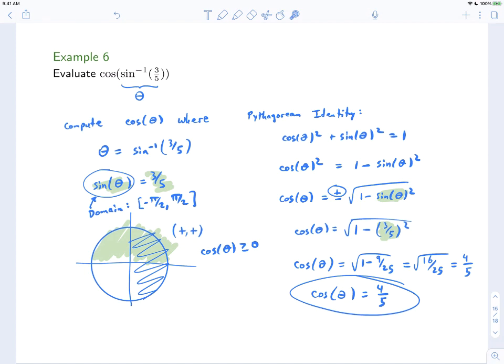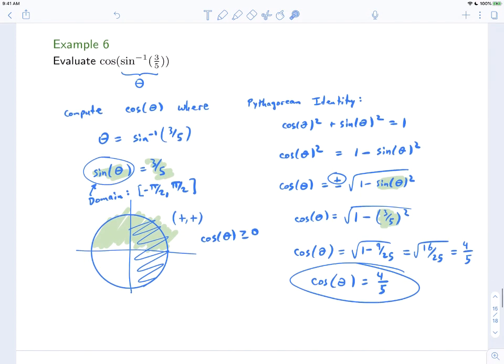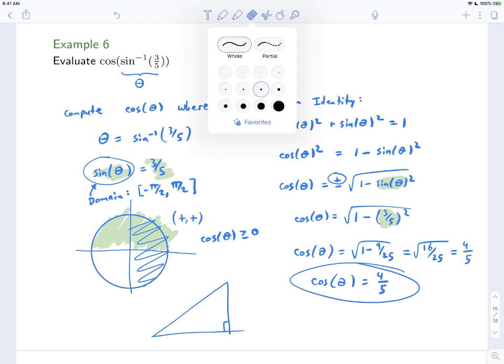Now another way to do this would be to construct a right triangle. We know that sine of theta is 3/5. So we could construct a right triangle with those dimensions. So let me just erase where I went a little too long there. Okay.